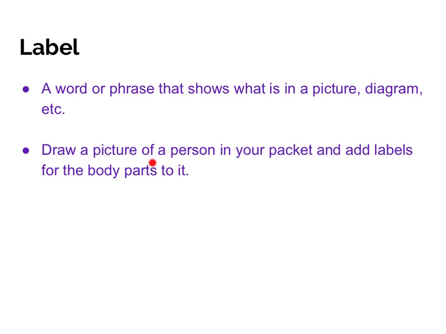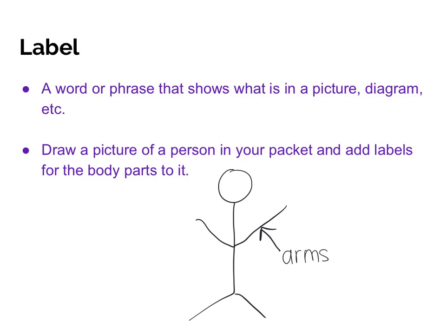So draw a picture of a person in your packet in that 3rd column and add labels for the body parts to it. So you will draw a person and then you're going to add labels to show what these body parts are. Here are the body parts I chose to label: arms, head, neck, and leg.